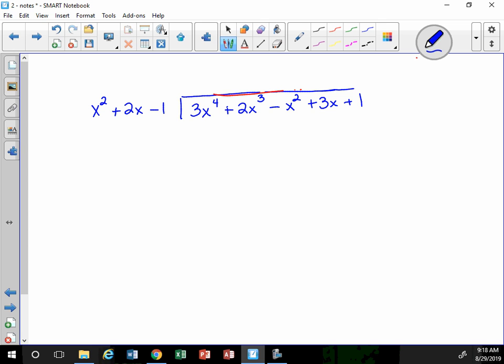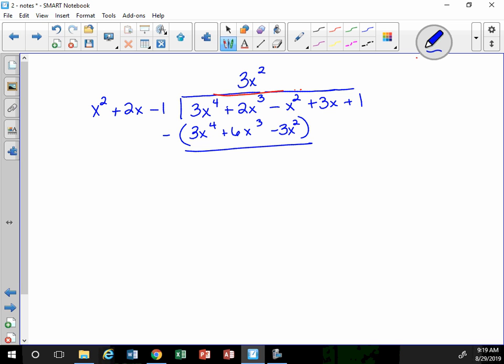It's the hard part, right? Okay, so I need a 3x squared, right? When I multiply by all three terms, that's going to be plus 6x cubed minus 3x squared.